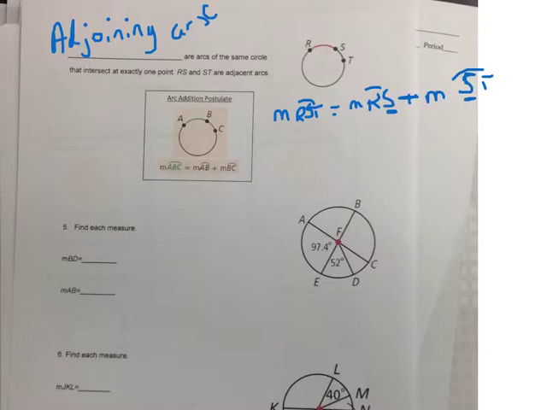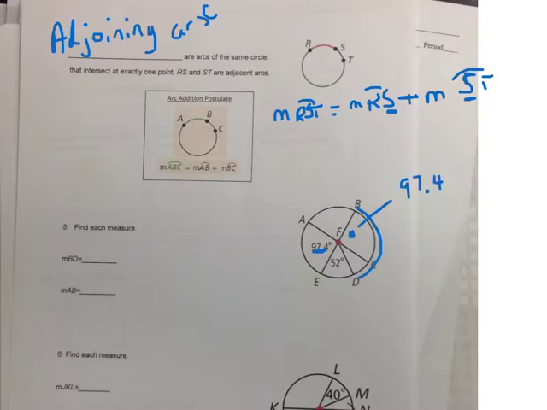So moving down to number 5, they say find each measure. If I want to find the measure of arc BD, from B to D, here's what I can do. I can have vertical angles on arcs the way I have them with regular angles. So if this piece right here is 97.4, this one right here is vertical to it, so it will be 97.4.